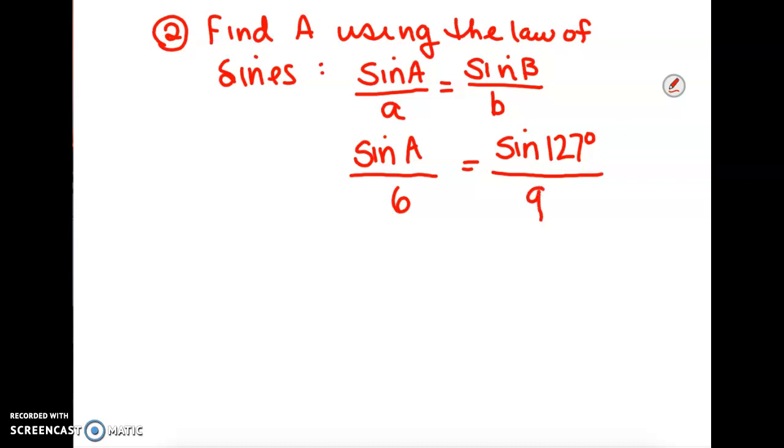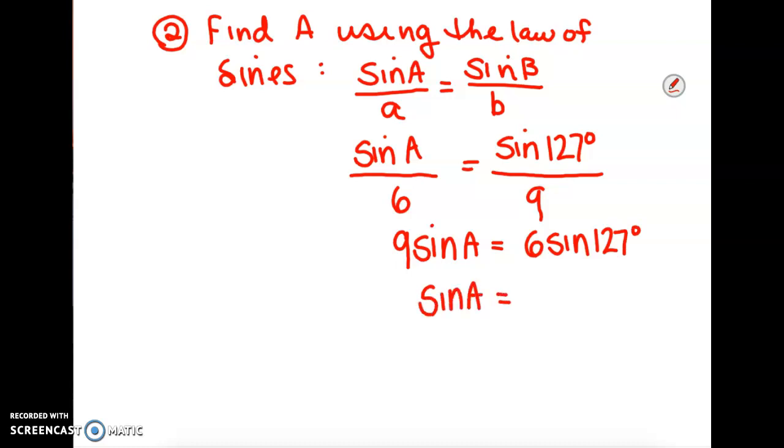We would cross multiply: 9 sine of A equals 6 sine of 127 degrees. Then you're going to isolate this sine of A. So you would divide both sides by 9.